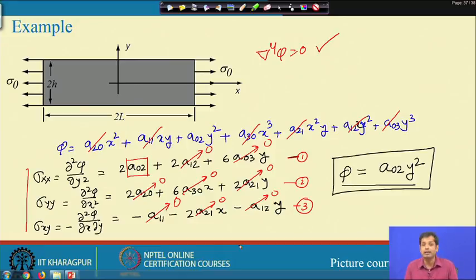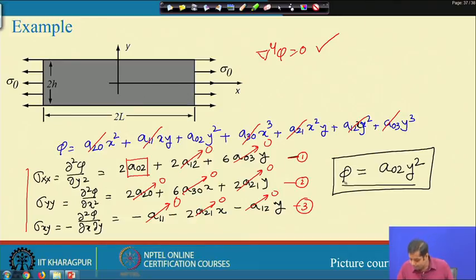Now, one boundary condition I have demonstrated here, but similarly you can apply the other conditions on the stresses and get the relation between different coefficients and find out their value. For this particular problem, those values will be 0 other than A02. You can try by starting with a fourth order polynomial as phi, and then do the exercise and see what information about the constants you can derive based on the boundary conditions available.